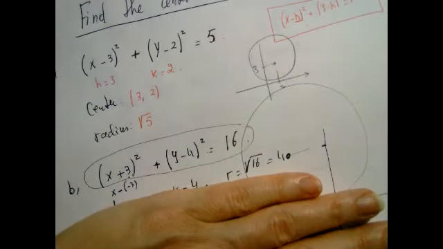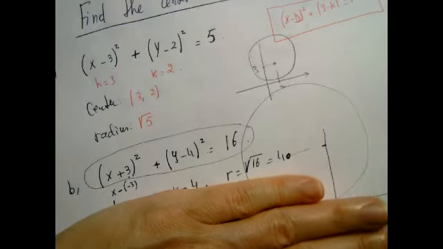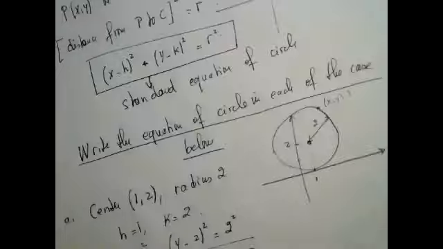But a lot of times, the equation of a circle will be given to us in a more disguised way. So it's given to us, but we don't know it is a circle. We have to do some work to be able to figure out it's a circle. So I like to call it the equation of a circle in disguise.